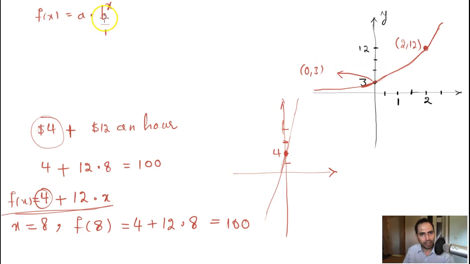So when is it that b raised to the power x is equal to 1? x has to be equal to 0. If x is equal to 0, then whatever b might be, b raised to the power 0 is equal to 1, and then you have f of 0 is equal to a. So f of 0 is equal to a means that a is the initial value of the function.